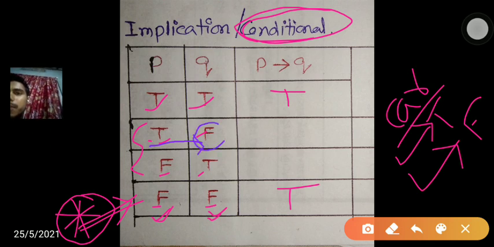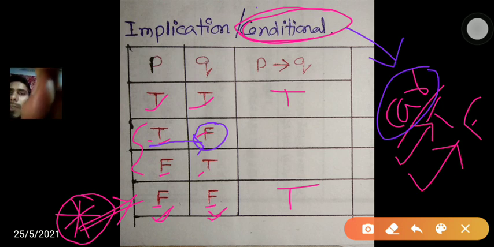You are meeting a false person by car. Remember, conditional car. When you go by car, your final person is your answer. That means you are meeting a false person, so the result is false. Like this you can remember.